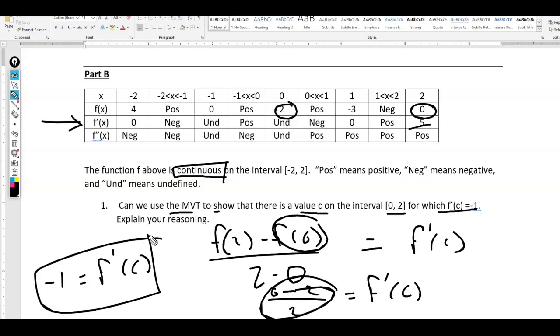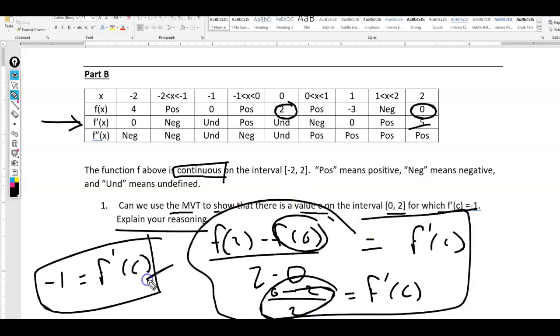Now, here, how would you explain your reasoning? Because once again, we're looking at probably a 2-point question. One for the correct answer and one for your explanation. So your explanation would have to include all the work I just showed from here to here.